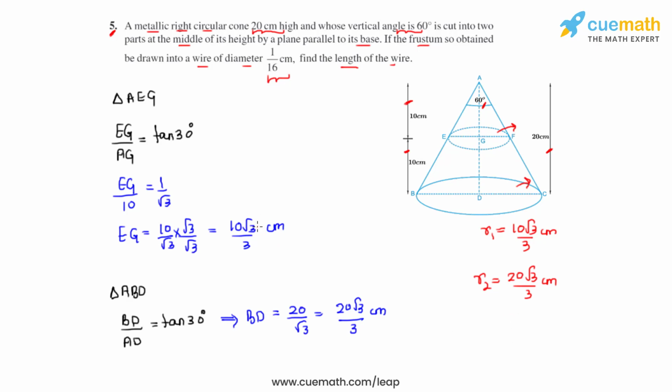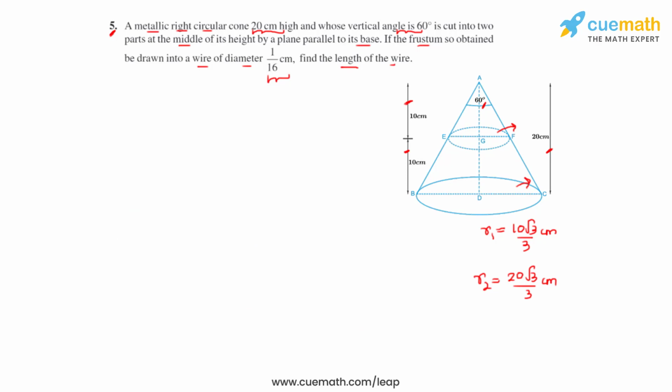Now that we have found the two radii of the frustum, R1 and R2, of the upper circular end and the lower circular end, the next thing we have to do is find the volume of the frustum. So let's do that. Let's write the volume of the frustum formula. The volume of frustum equals 1 by 3 pi times h times R1 square plus R2 square plus R1 times R2.